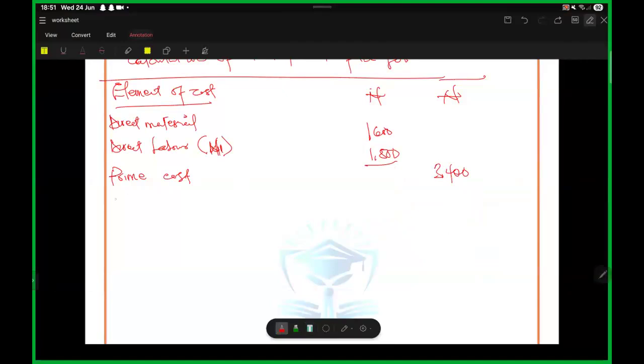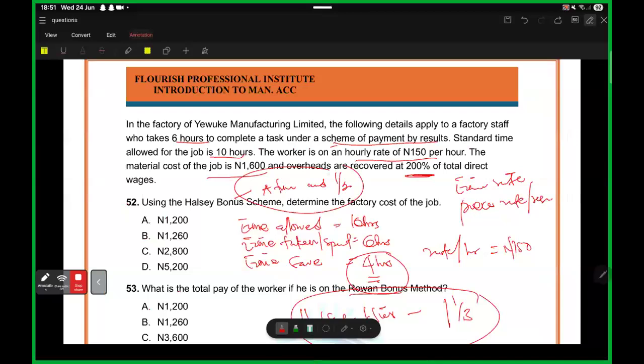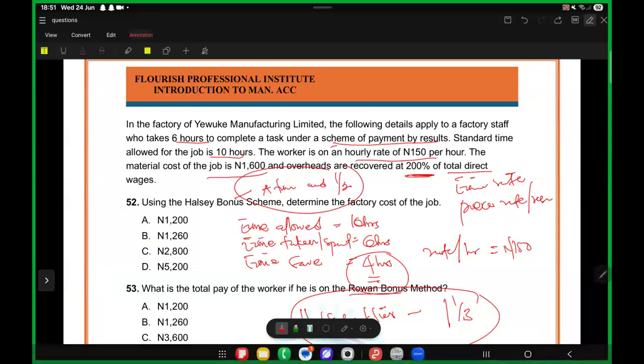Now we are having overheads. So overheads here, in the question, we were told that overheads are recovered. Let me read the question so that I don't get confused. Overheads are recovered at 200% of the total wages. Okay, overheads are recovered at 200% of total wages.